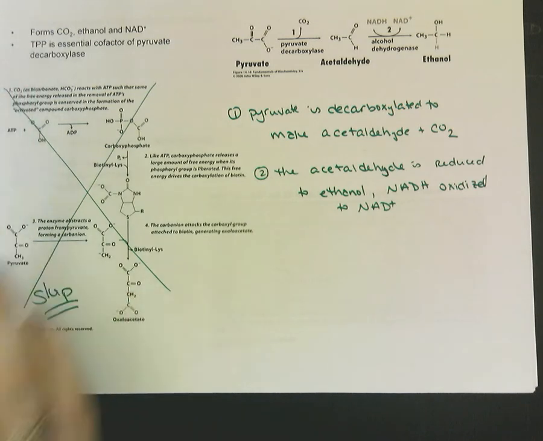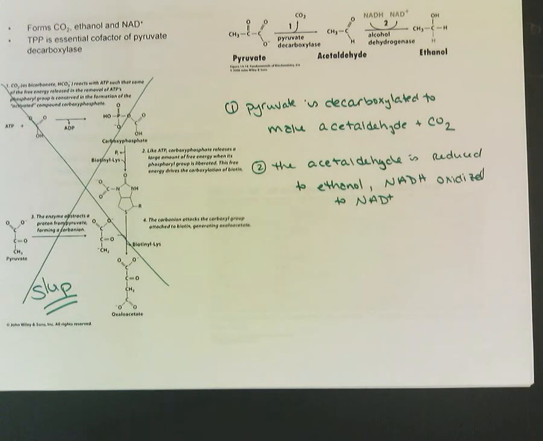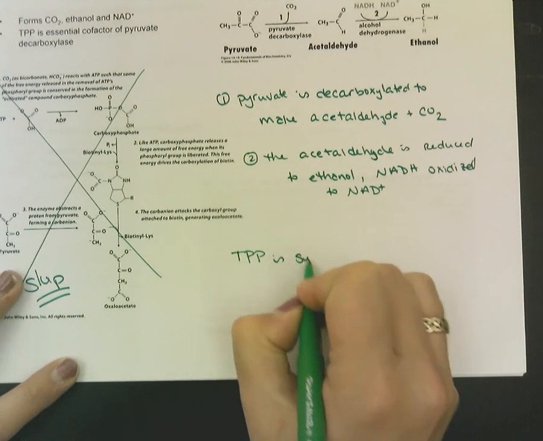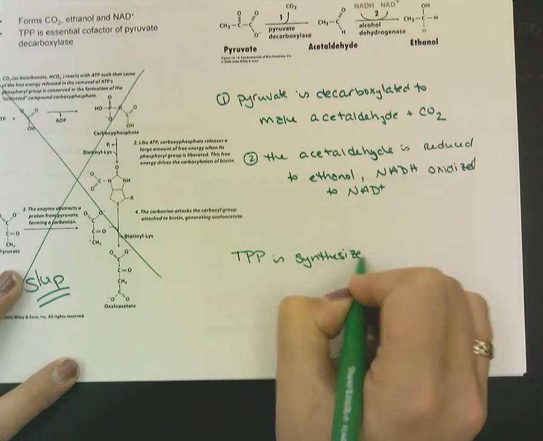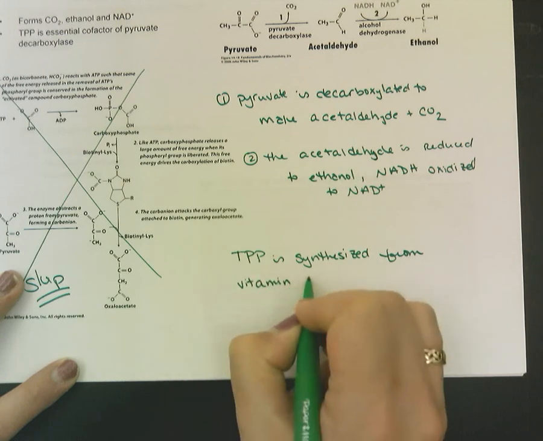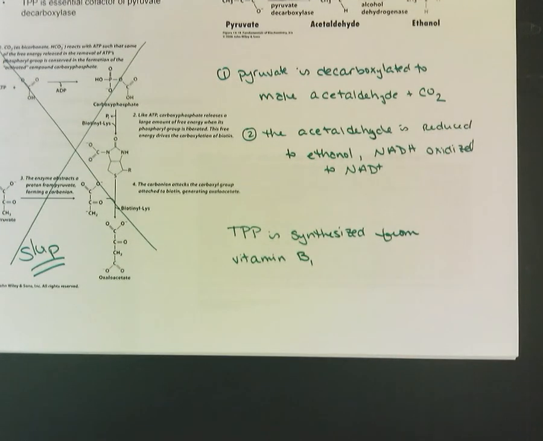The other thing is this TPP, which we will talk about more in about 5 minutes when we start the citric acid cycle. But TPP is an essential cofactor of pyruvate decarboxylase. TPP is a cofactor that's synthesized from vitamin B1.